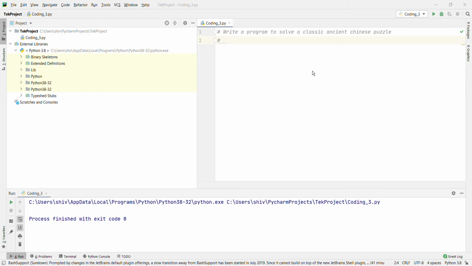We count 35 heads and 94 legs among the chickens and rabbits in a farm. How many rabbits and how many chickens do we have?